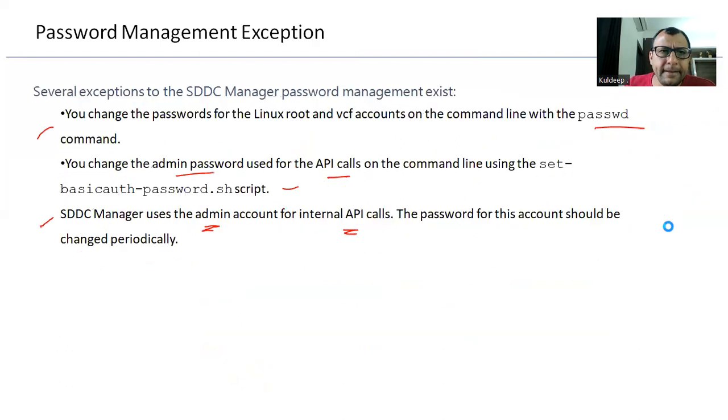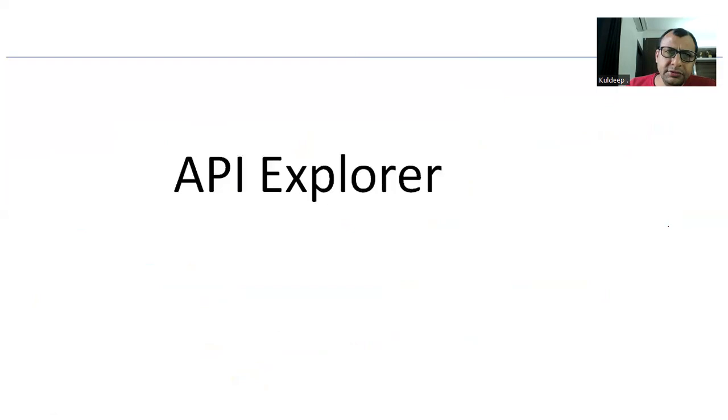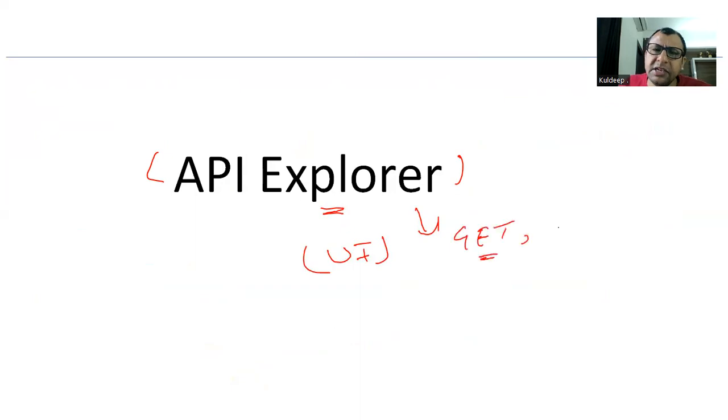Okay, so that is all we discussed. And finally, API Explorer. API Explorer does a lot of tasks. All the tasks you perform in the UI of SDDC Manager can be done through API Explorer, where we have different sets of APIs. For example, with GET we can get information.